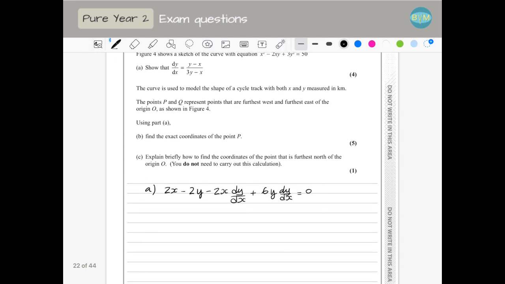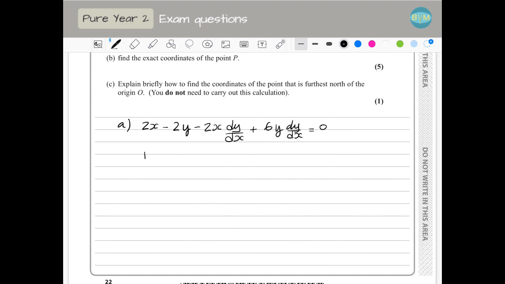And now I just make dy by dx the subject. I can factorize. So dy by dx on this side, I can divide everything by 2, because I have 2, 2, 2, and 6.